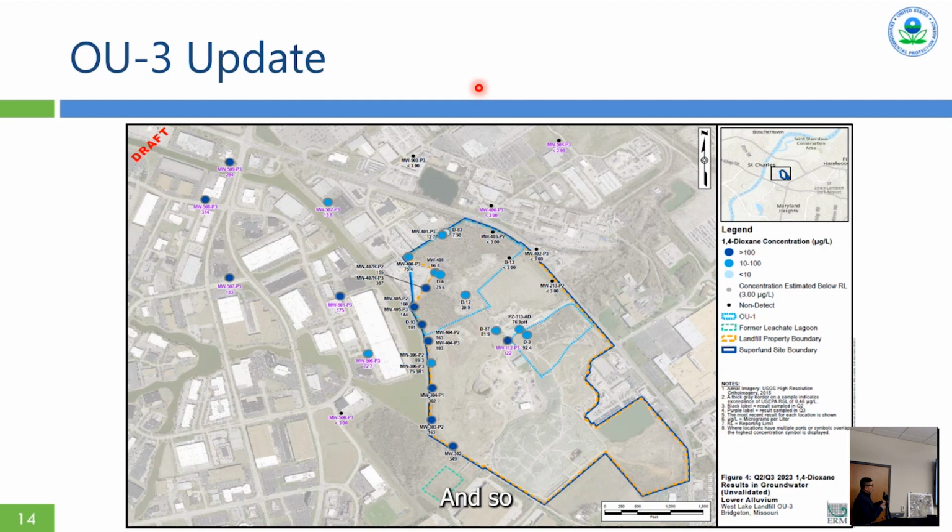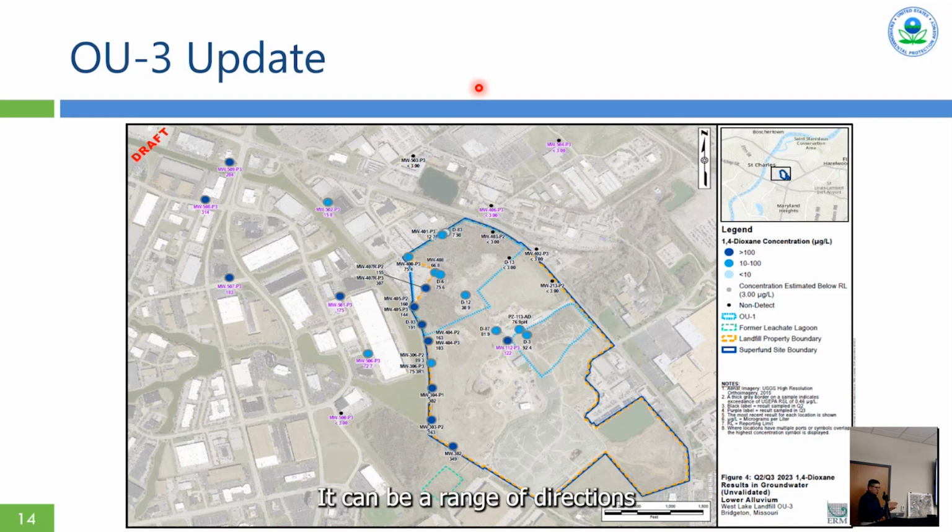And so just to talk a little bit about groundwater flow here, it is to the northwest, in the general direction of the river. And so that's largely guiding where the offsite wells are put. It's going in this direction, so this is where we're going to put the wells. And again, it's not just one direction.